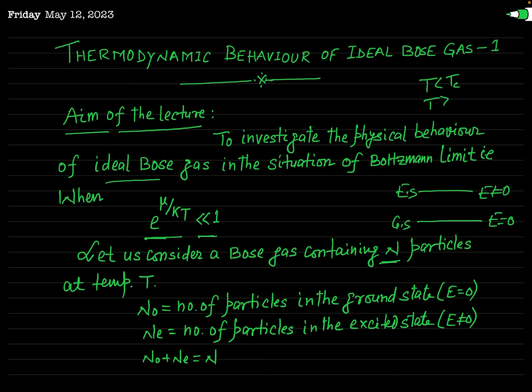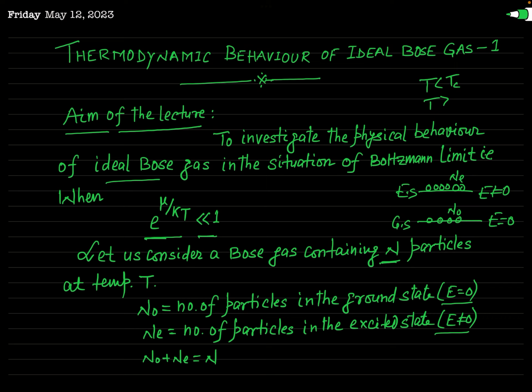At a particular temperature T, let us consider that in the ground state the number of bosons or particles of this system is equal to N0. And in the excited state we consider that the number of particles or bosons is equal to Ne. N0 represents the number of particles in the ground state, that is, in a state where E is equal to 0, and Ne is the number of particles in the excited state when E is not equal to 0.